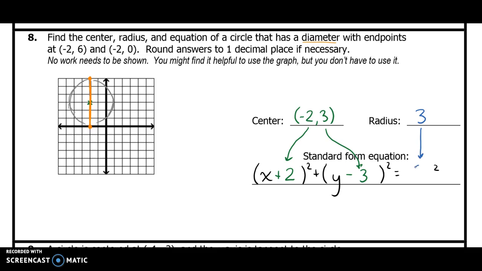So the end of my equation, the right-hand side, is a 3 squared, which of course is 9. So my standard form equation here could be written as (x plus 2) squared plus (y minus 3) squared equals 9.